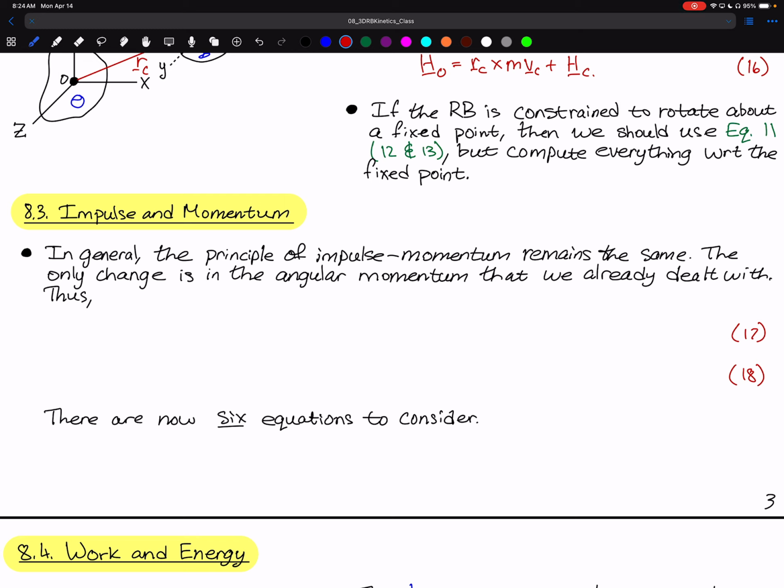And as a result, we can write that the linear momentum at time t equals 1, L sub 1, plus the impulse, or the integral from t1 to t2 of the summation of all of the forces acting on the system times dt, is equal to the linear momentum at time t2.